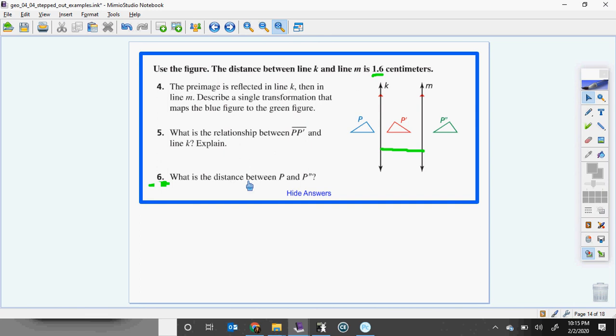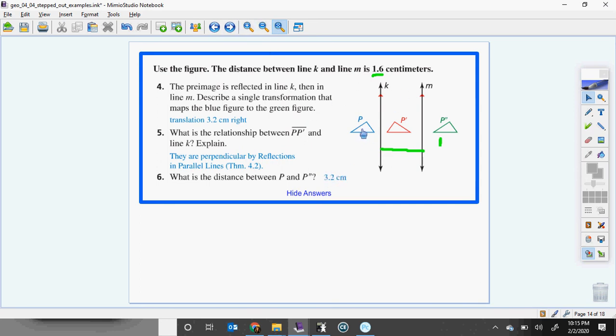What's the distance from here to here? Well, the distance from here to here is going to be this distance times 2. 1.6 times 2 is 3.2.